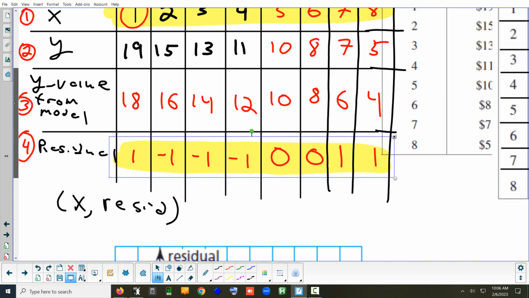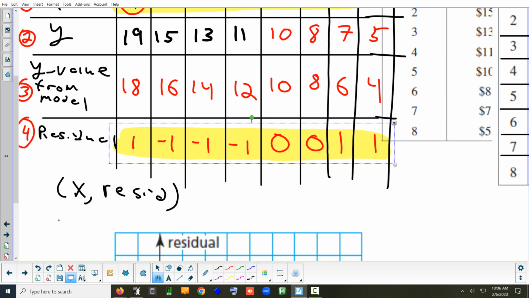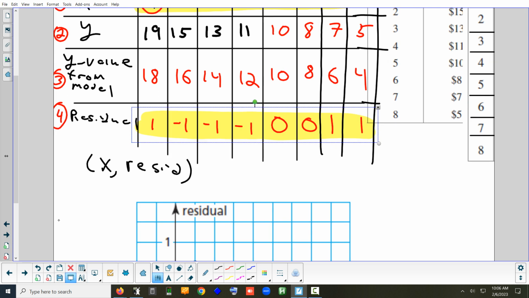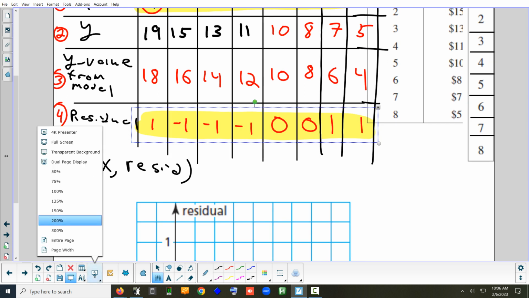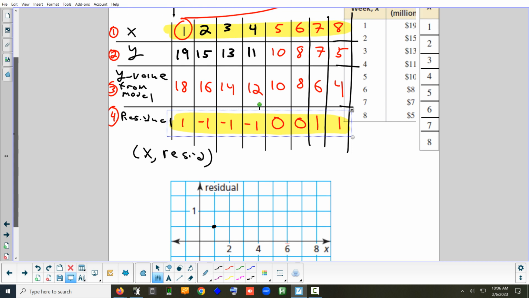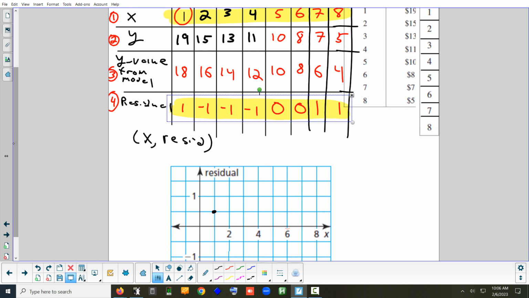Okay. Let's see if I can get all this on the screen at the same time. What's my next x value? Jacinda? 2. And what's my next residual? -1. So 2, -1 goes right there. I'm going to fix this.